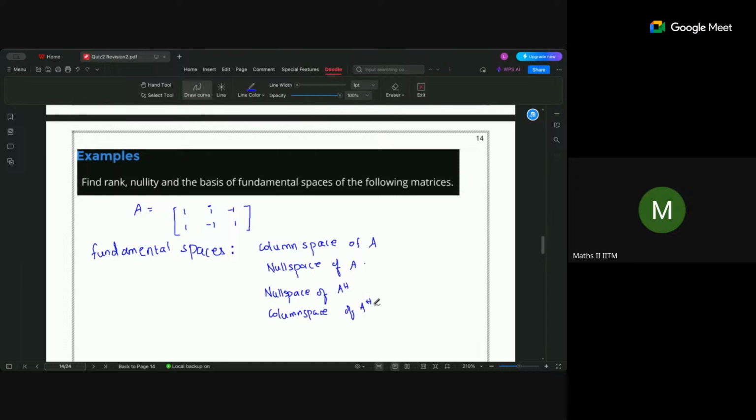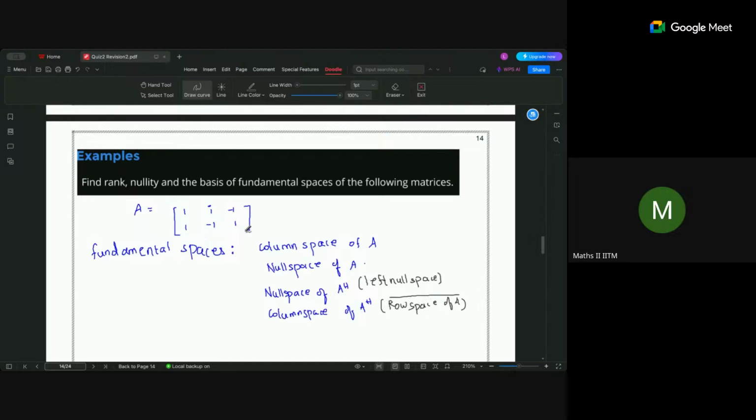These are the fundamental spaces. The null space of A^H is sometimes called the left null space, and the column space of A^H corresponds to the row space of A bar. So these are the things we need to find.